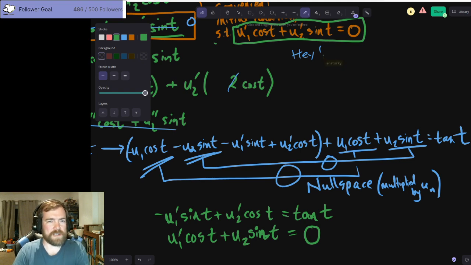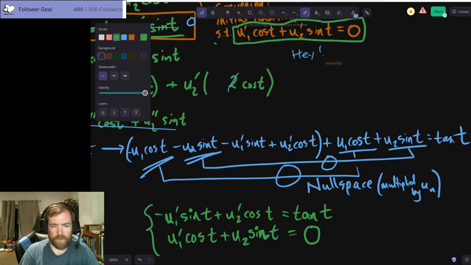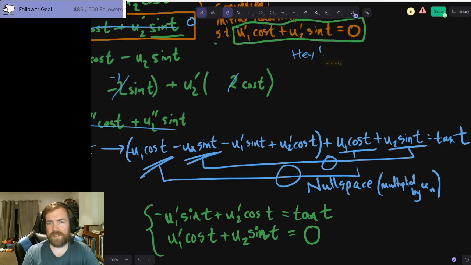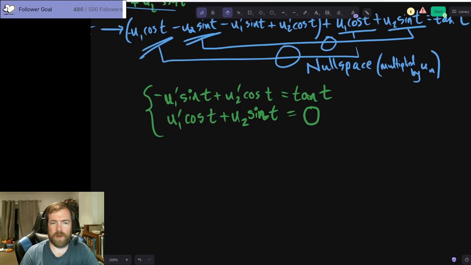So Euler had his hands in it, but Lagrange finished it out in the late 1700s, early 1800s. So we're going to make a system of equations in the variables u1 prime and u2 prime. And where do we go from here?